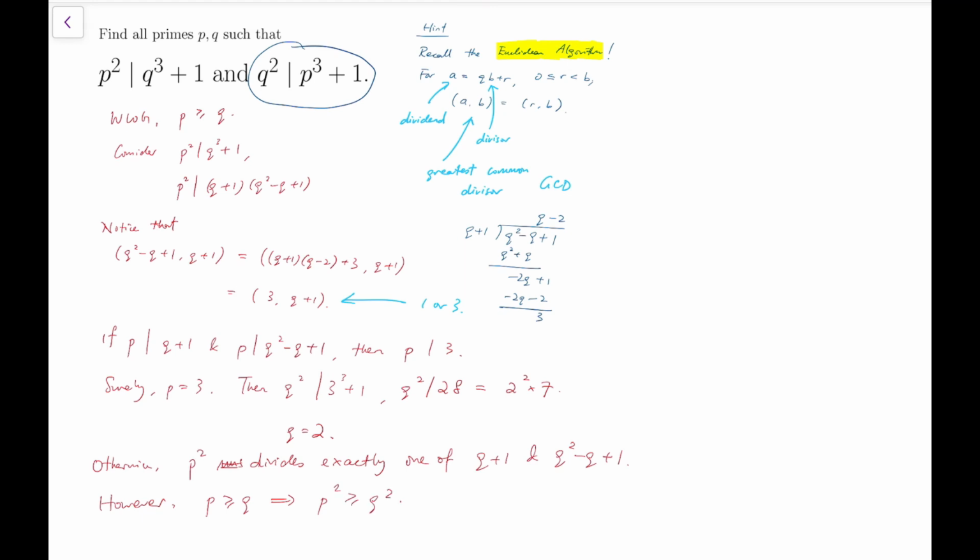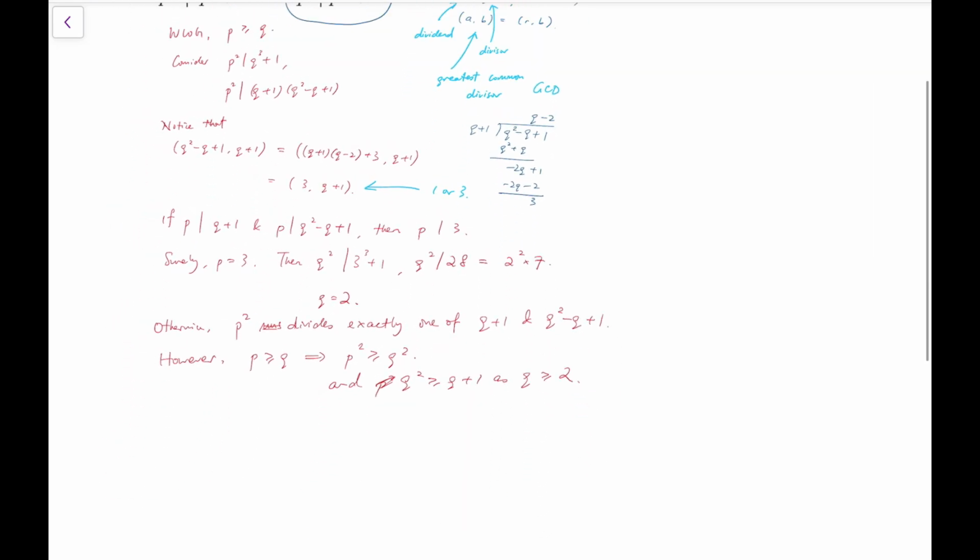So I will write this out formally. To compare q squared and q plus 1, the inequality will fail if q is equal to 1, but we know that q must be a prime, so q is at least 2, so this would work. And finally, q squared is clearly greater than q squared minus q plus 1.